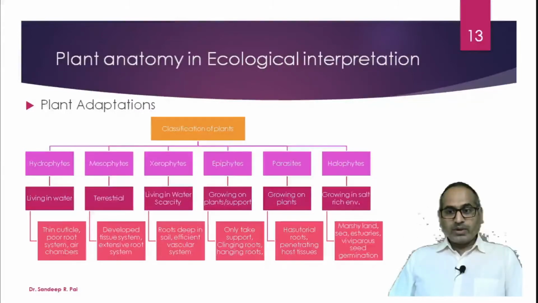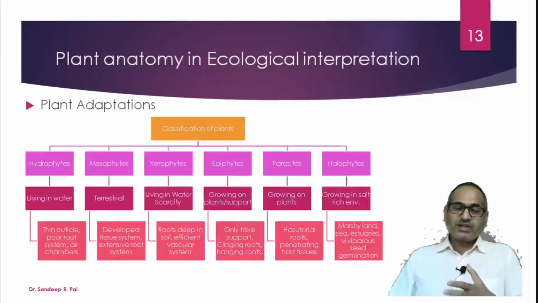They grow in marshy lands, sea waters, estuaries. They have a habit of viviparous seed germination. So these are some of the adaptations that occur based on ecological interpretation. And to understand each of these ecological interpretations, you are supposed to know plant anatomy.